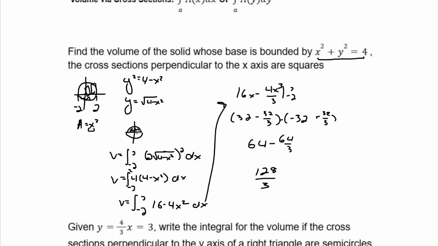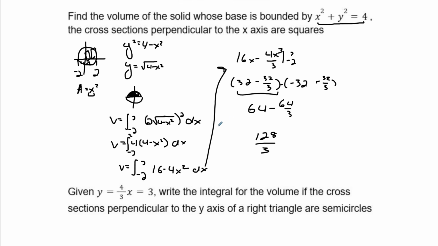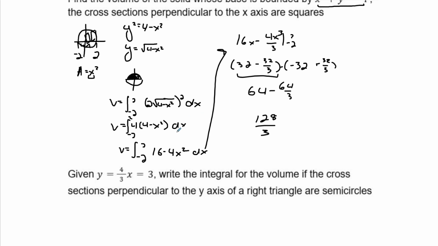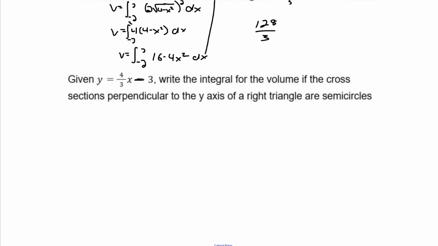And notice we could have just evaluated this integral by itself and then multiplied by 2 at the end, because we would have gotten the same thing. So that could have potentially also worked, but it just made more sense to put that 2 in front at the beginning.